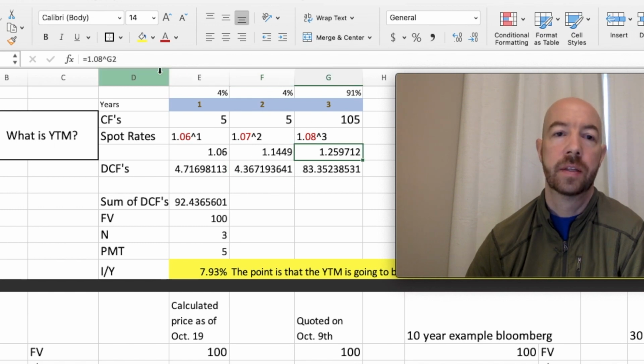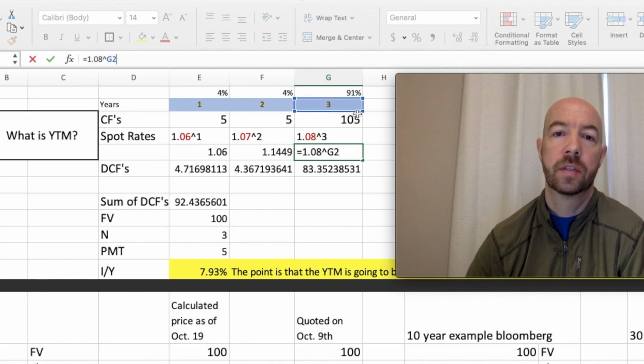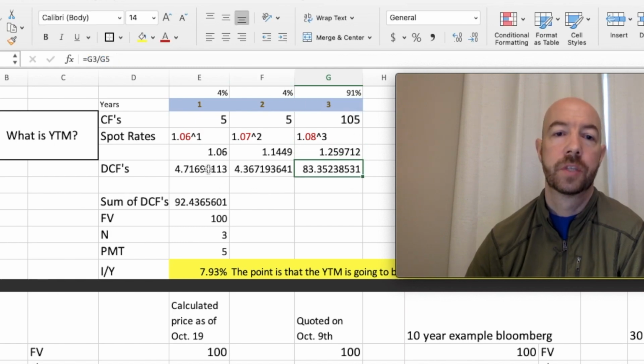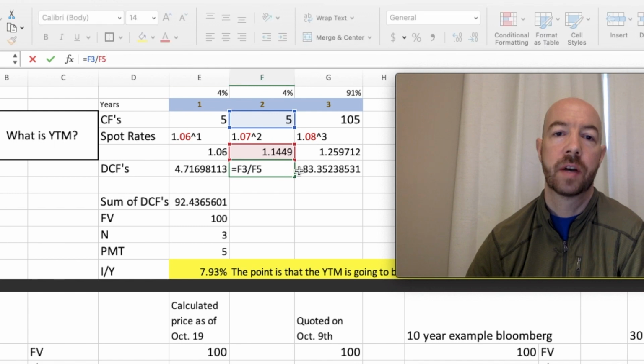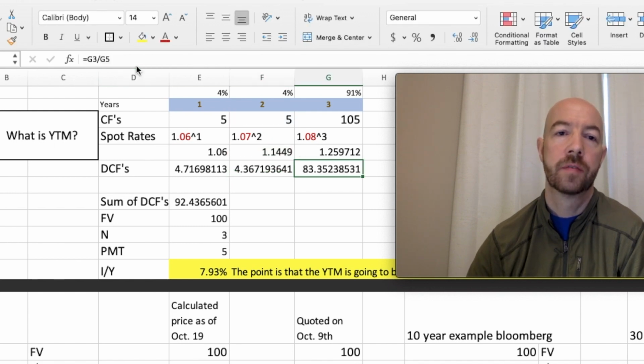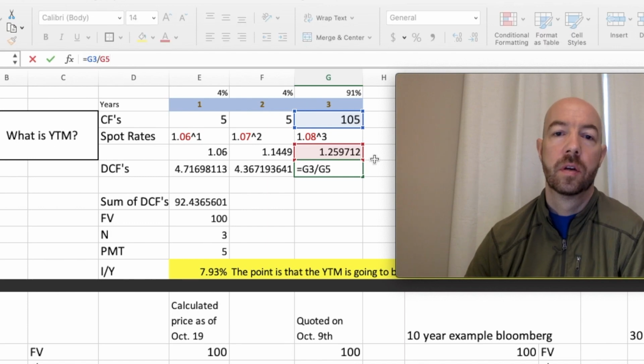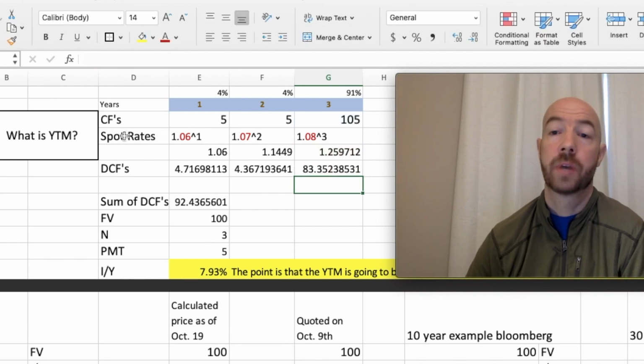And then the same thing, 1.08 raised to the third, here you can see the third year, will give you this number. So now what we're doing is dividing the 5 by the 1.06, the 5 by the 1.1449, and the same thing, the 105 by this number. So you've got to have spot rates.